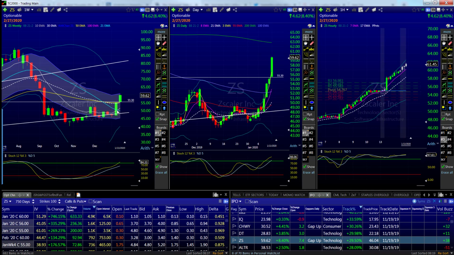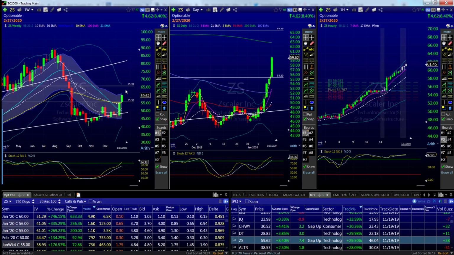Still need all the backdrop working in favor, but basically this just looked like it was poised to move higher, and my first price target was 55.30, so today it shot higher, 8.5%. No, I don't think this is done, and by the way, the market is still bullish.